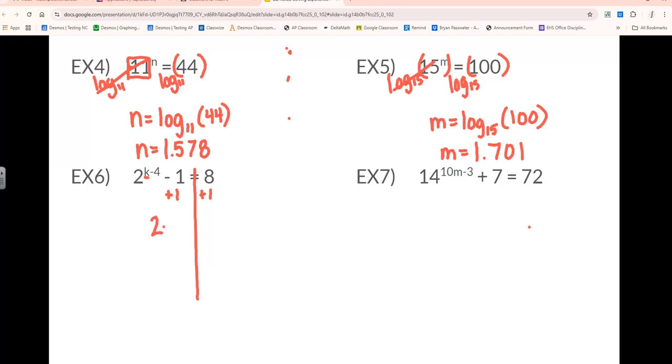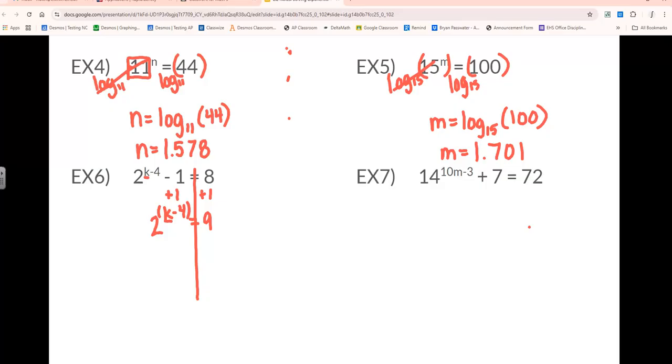So I've got 2 to the k minus 4 equals 9. And now I'm trying to get to the k. I can't mess with that 4 because it's up there in the exponent, right? What have I got to get rid of next? I've got to get rid of that base of the exponent.